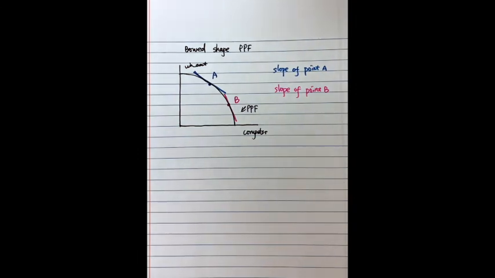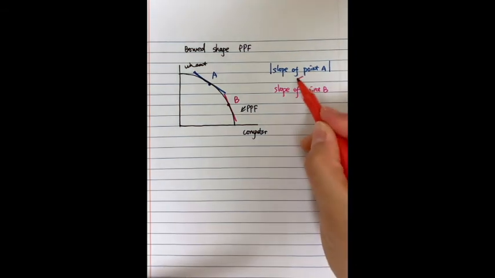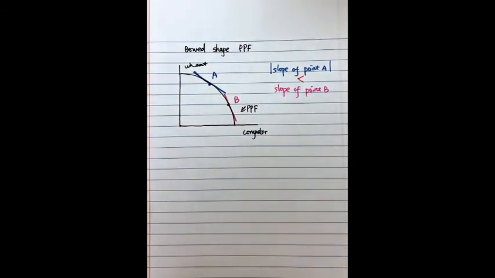Definitely, the tangent line at point B is steeper than the tangent line of point A, right? So if we just compare the absolute value, then the point A slope is smaller than the point B slope. I can write it down here. The slope of point A actually is smaller than the slope of point B.